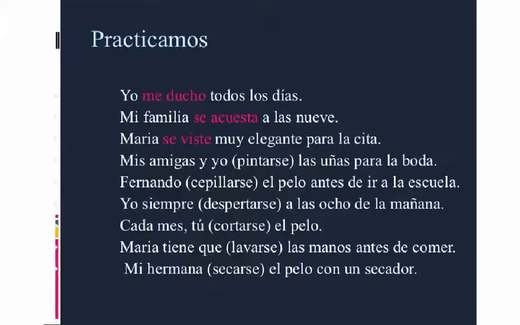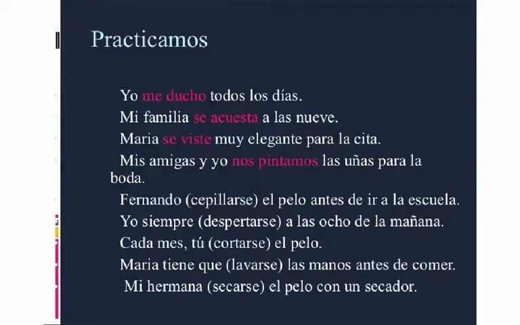Mis amigas y yo. So how many people is that? That's two or more, and it includes the word yo. So that se is going to come before the verb and become a nos. And then this is going to be -amos. So the answer would be nos pintamos las uñas para la boda. Fernando is one person.